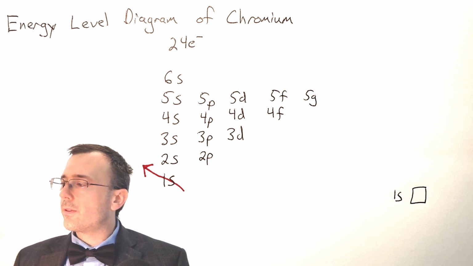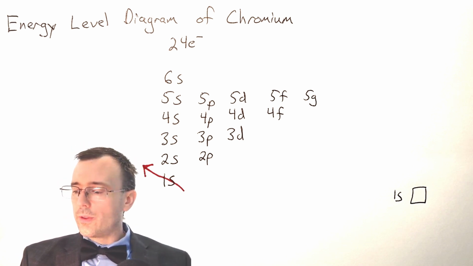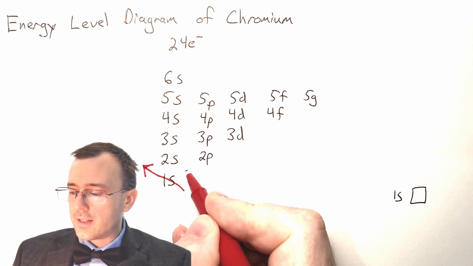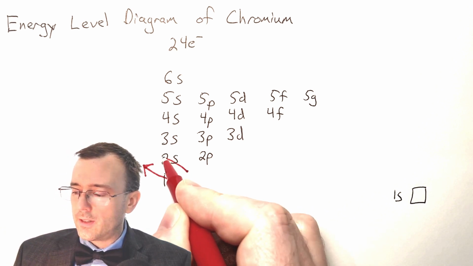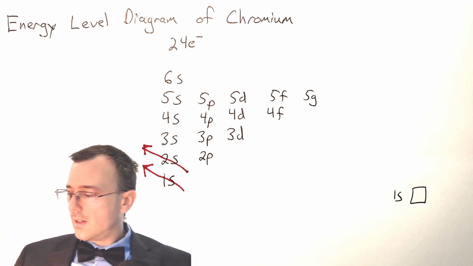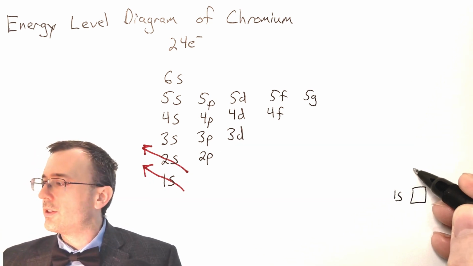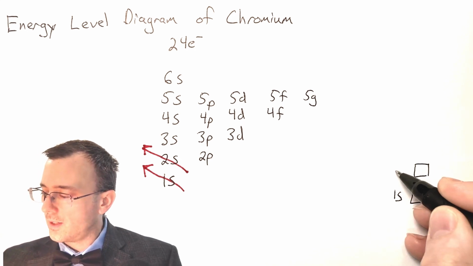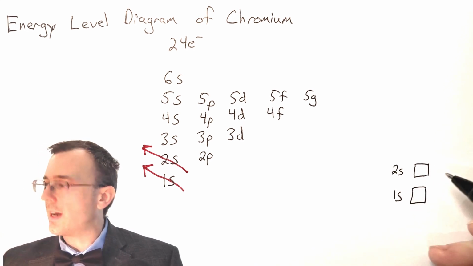All right, after that, again, we already know the order of the initial ones, but let me draw it here anyway. Our next thing that we're going to fill up is the 2s. And so again, the 2s, we know that is simply a single box here, 2s.